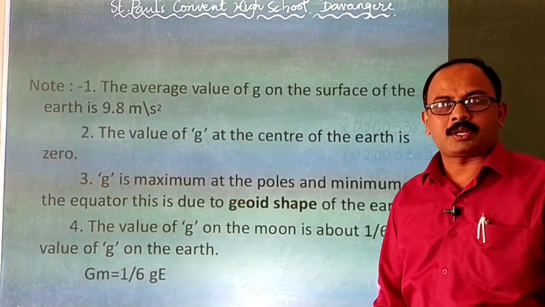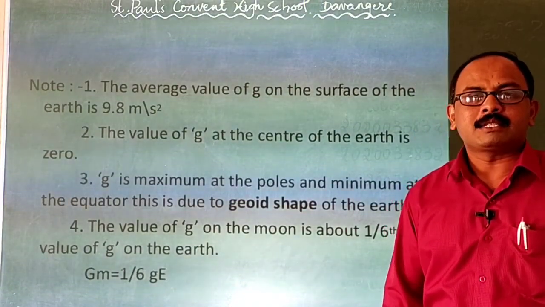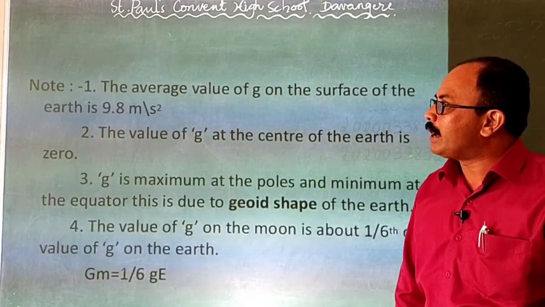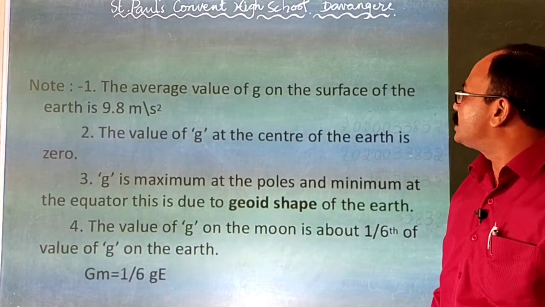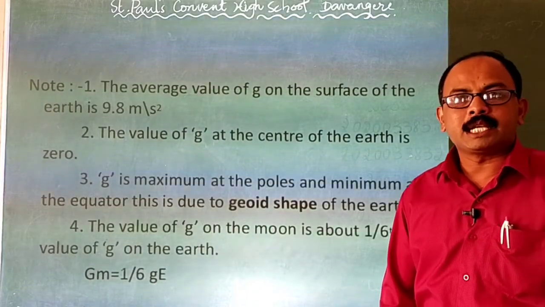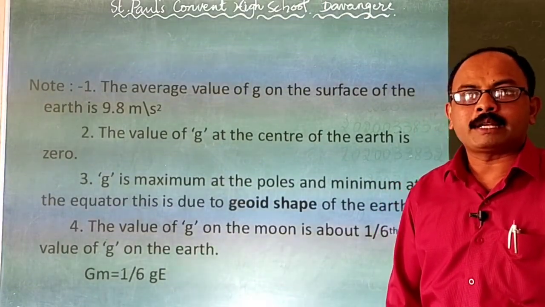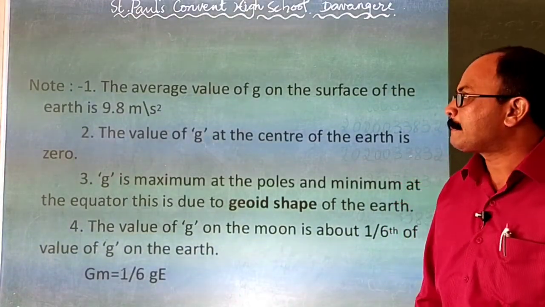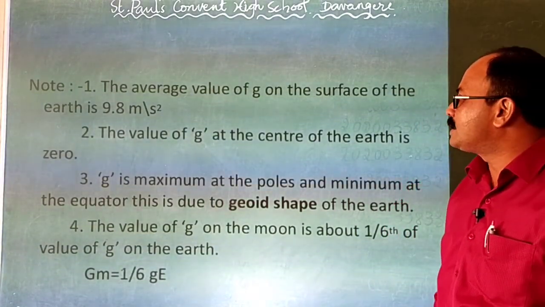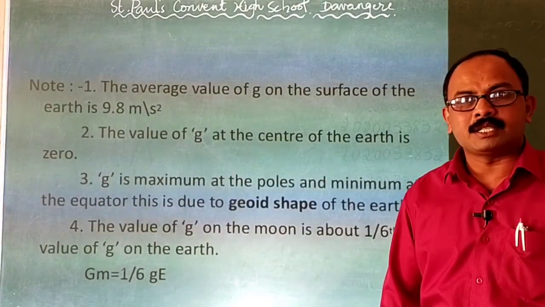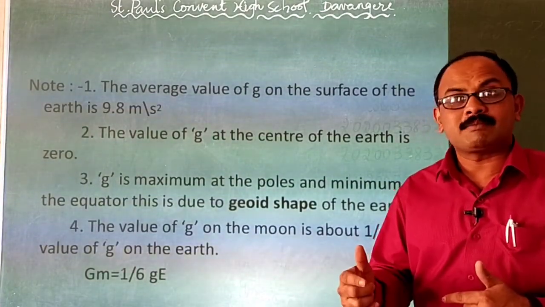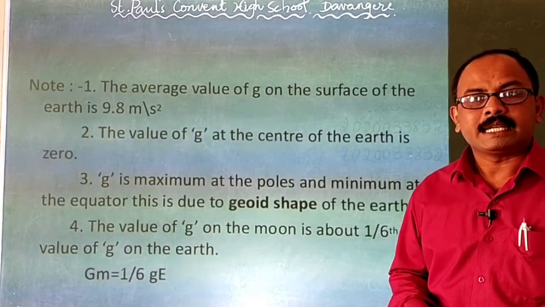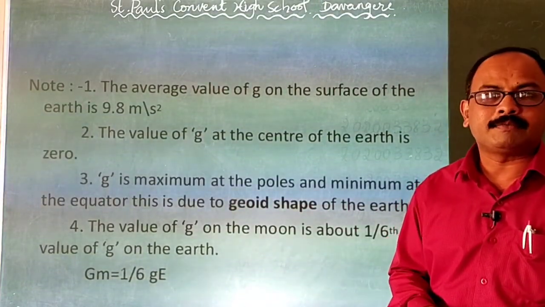What is that note we must know regarding this acceleration due to gravity? Note 1. The average value of g on the surface of the earth is found to be 9.8 meter per second square. This is the note number 1. Second one, the value of g at the center of the earth is 0 because distance becomes 0. Therefore, the value of g is 0 at the center of the earth.